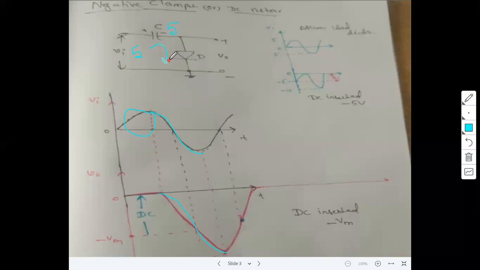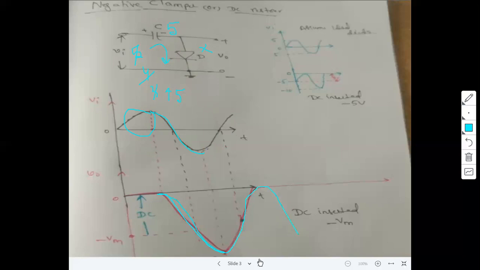Only during the first quarter cycle is the diode on. Then in the remaining intervals, whatever the input changes, 4, 3, 2, and again 5 volts, the diode never conducts. The output simply follows the input with a different DC level.